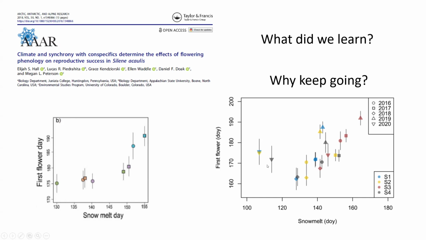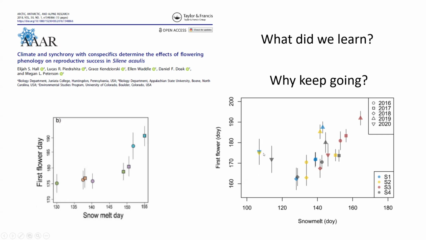And I think you all may have noticed this if you were playing around with the data, because up until this point, I was all ready to write a follow-up paper saying that flowering keeps happening earlier with earlier snowmelt. And then 2020 ended up being a really, really early melting year. So we had some sites melting very early in the year, but surprisingly, they did not flower as early as we would have predicted.